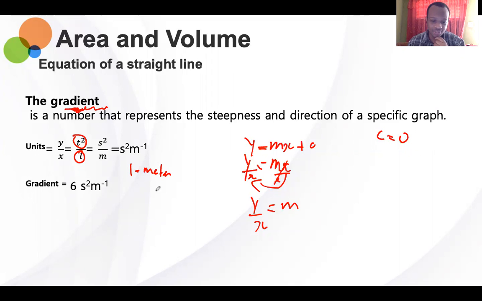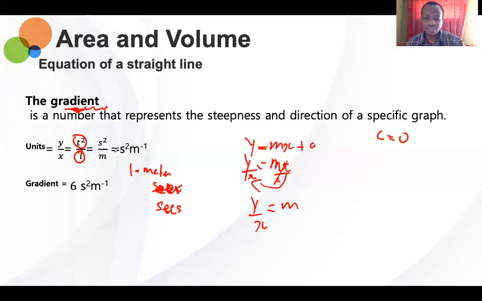The unit for time is of course seconds, and because this is period squared, it would be seconds squared.